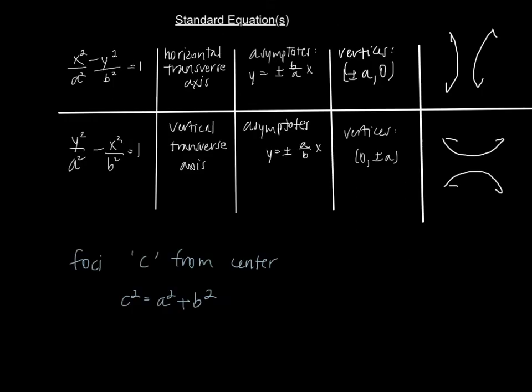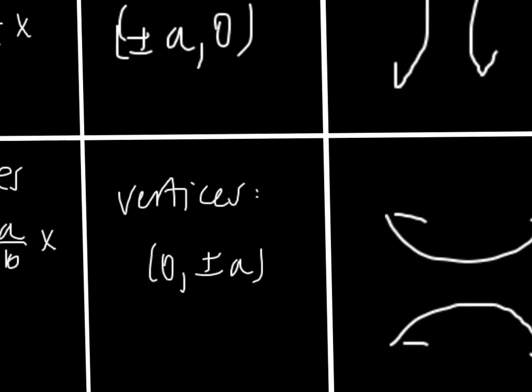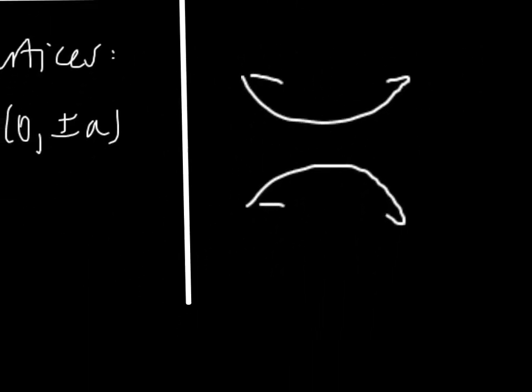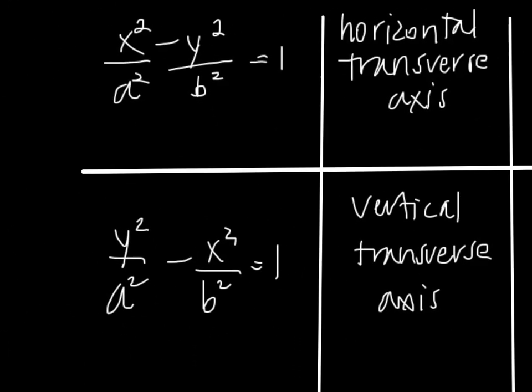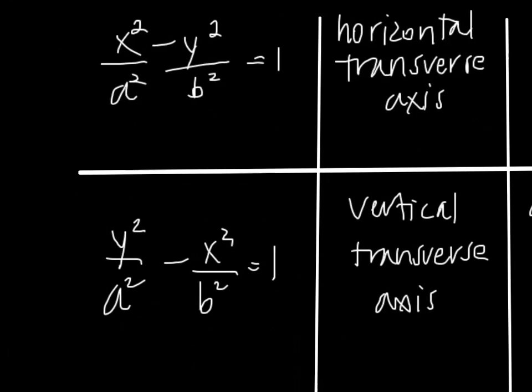So looking at the standard equations of our two types of hyperbolas, as I just mentioned, one of them will open left and right, and the other will open up and down. If we go back and look at our equations, we have positive x and negative y, and positive y and negative x.